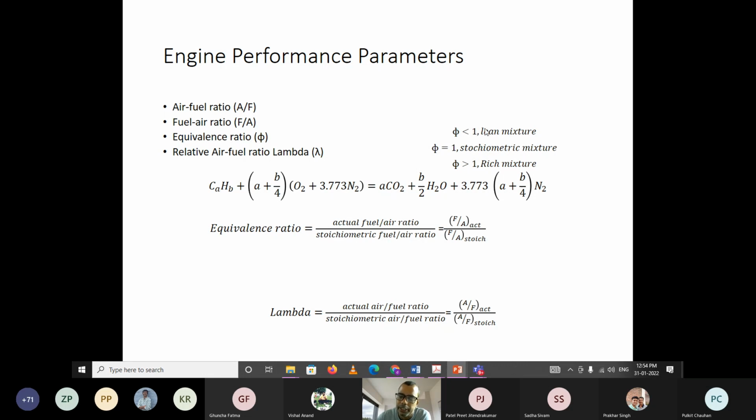Somehow we can do that. Suppose there is a lean mixture, and even though we are considering the ideal condition, what changes are going to be there in this equation? Suppose it is a lean mixture and we are considering the ideal combustion, what changes are going to be here? Anybody can tell me?